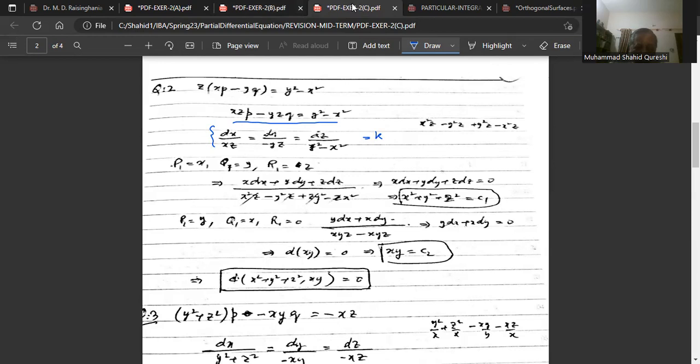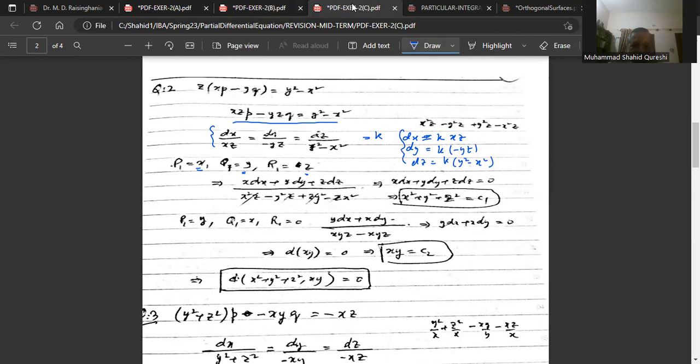And multipliers means we choose numbers or functions in such a way that we multiply the numerators and multiply the denominators, so that you have dx is equal to k times xz, dy is equal to k times minus yz, and dz is equal to k times y square minus x square.